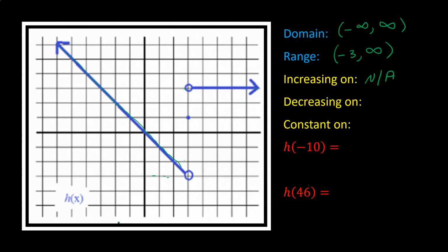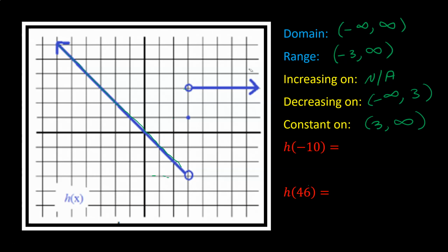So we would say decreasing from -infinity to 3. And when talking about increasing, decreasing, we're talking about an open interval, right? So the open interval is from -infinity to 3. It doesn't make sense to talk about increasing or decreasing when you have just one dot, right? And then from 3 to infinity, your function is staying constant.